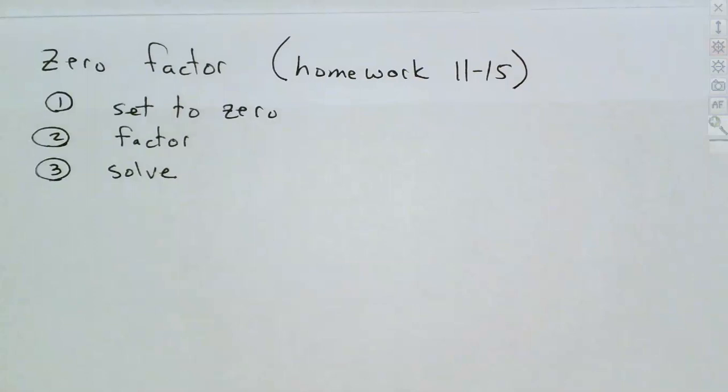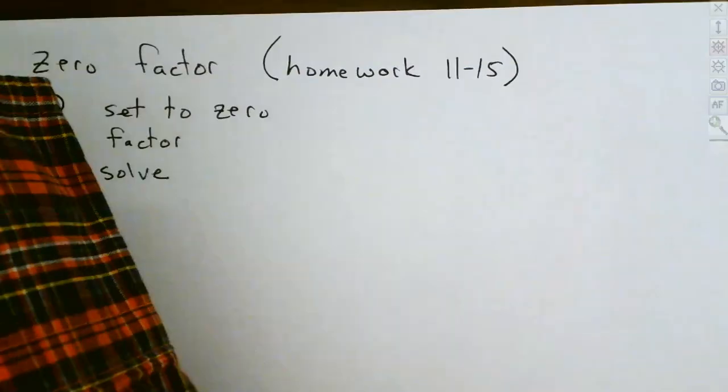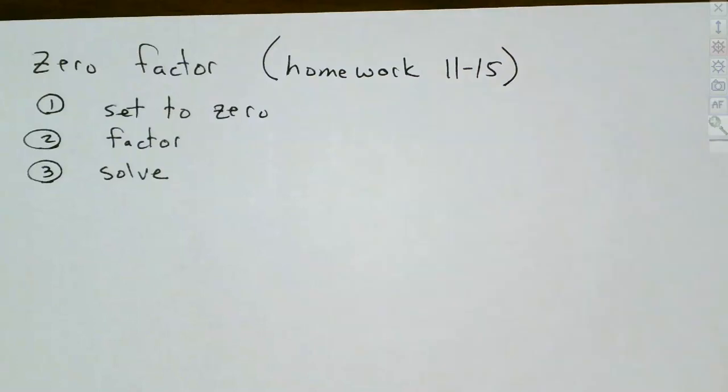is you solve. Okay? You've probably done zero factor in your intermediate algebra class or your high school algebra class before. Zero factor doesn't work for all equations, but it works for a lot of them. So these are our step-by-step procedure or rules. Set to 0, factor, solve.